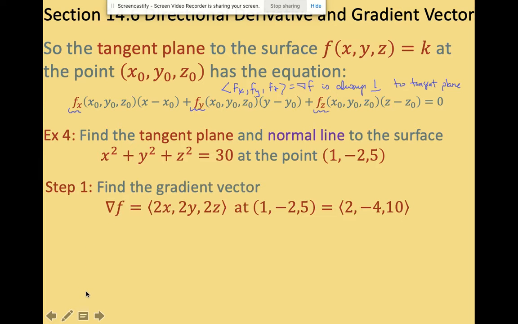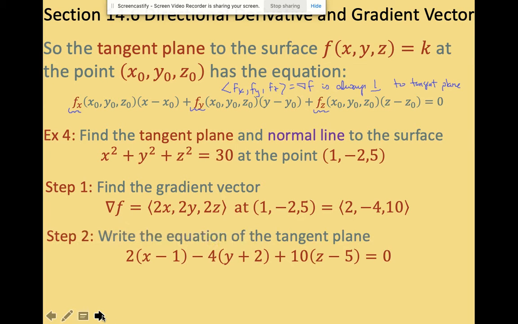So if I ask you to find the tangent plane and the normal line to this sphere, the first thing I need to do is just find the gradient vector, which is the vector of the partials. And this was a nice one, 2x, 2y, 2z. I plugged in 1, negative 2, 5. Wrote the equation of the tangent plane using the normal vector.